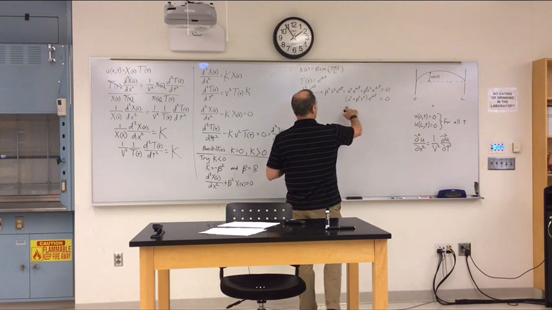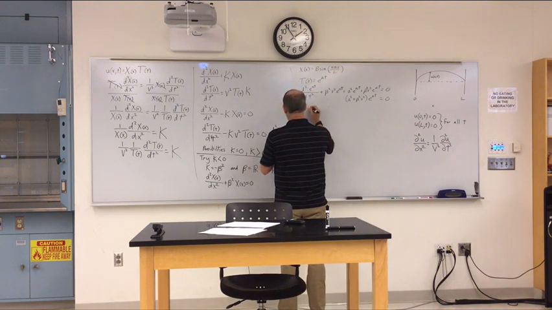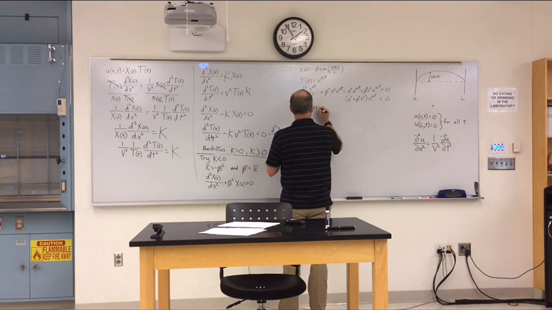So, in order for this to work out, a has to be plus or minus i beta v.